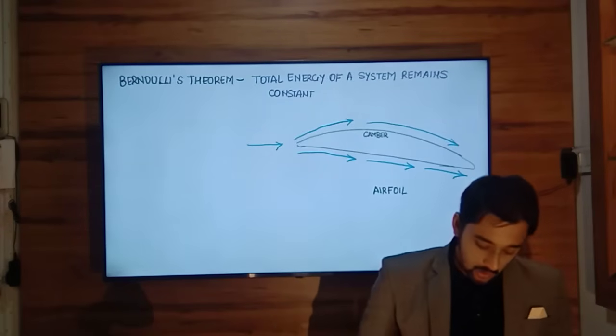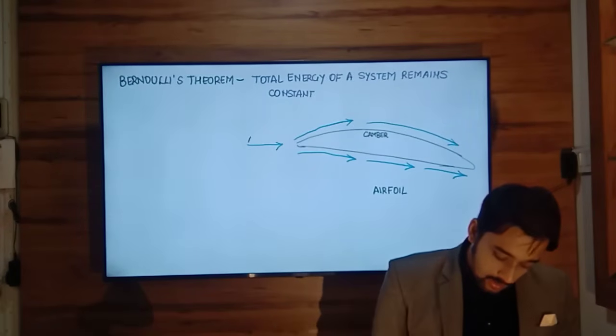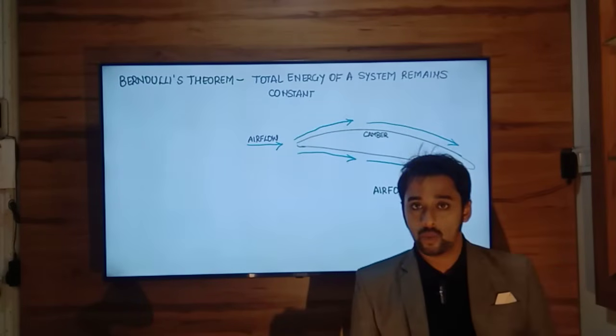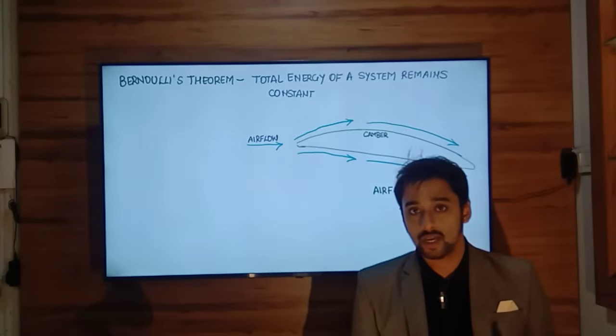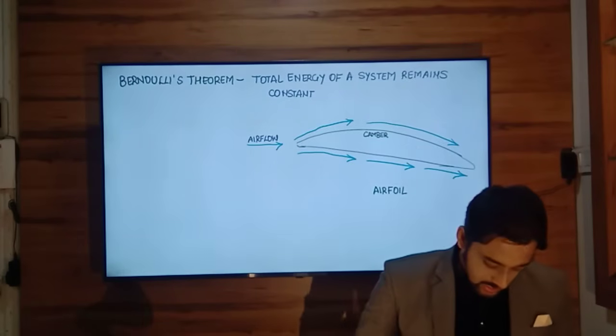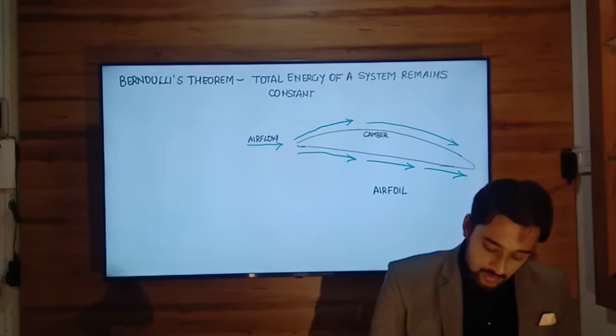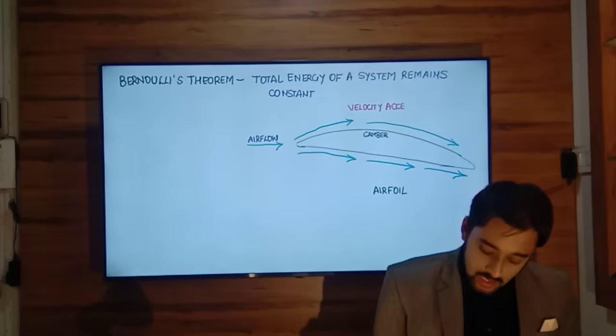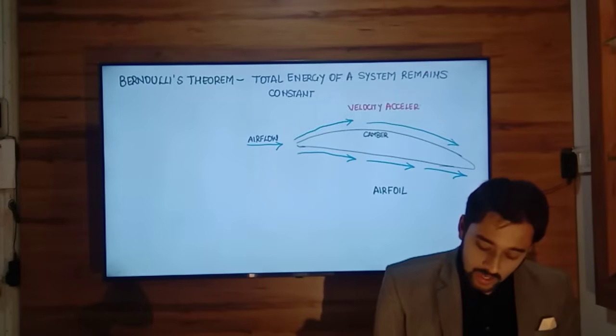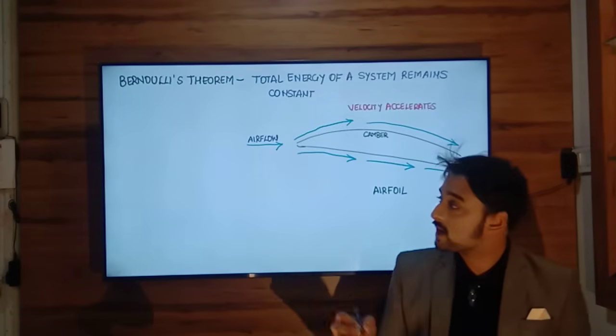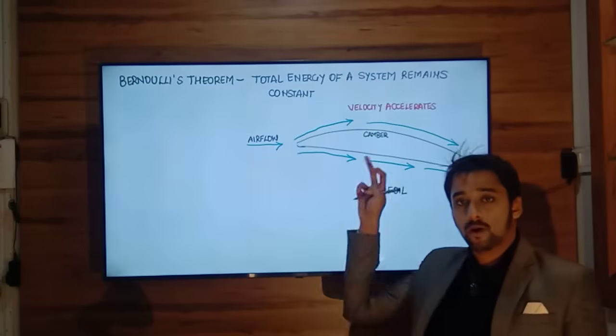Now when this airflow flows over the upper surface of the wing, it accelerates in velocity. And this velocity accelerates because of the curvature of the wing or because of the positive camber of the wing.